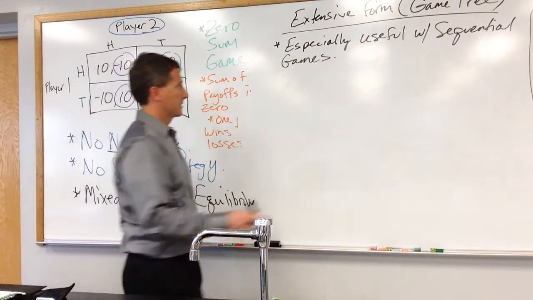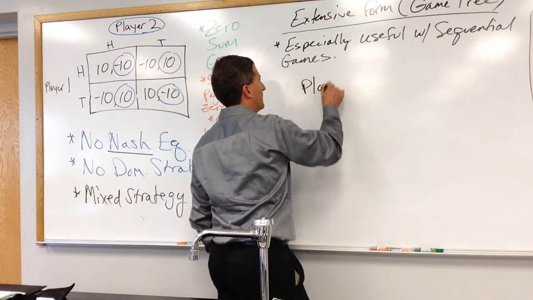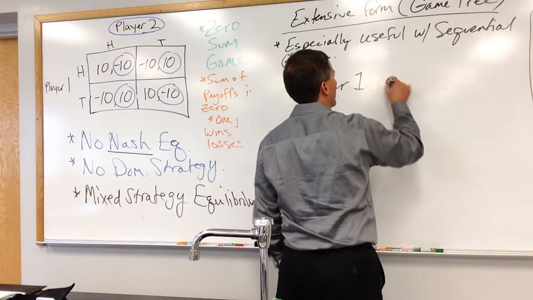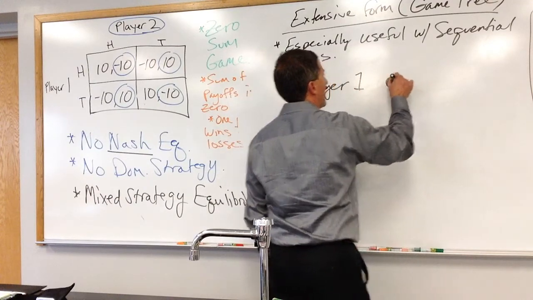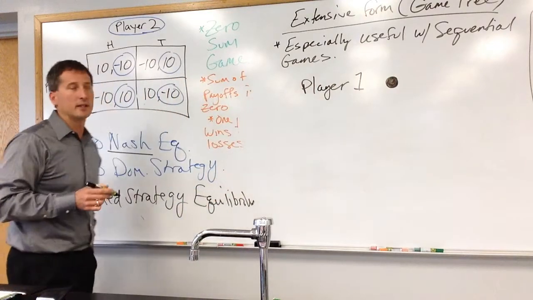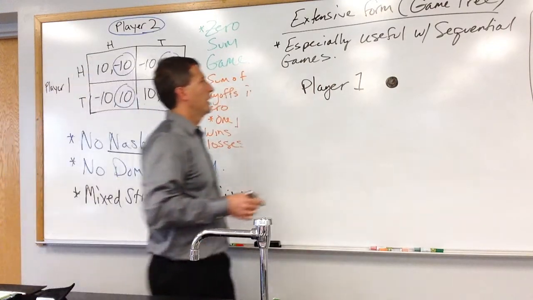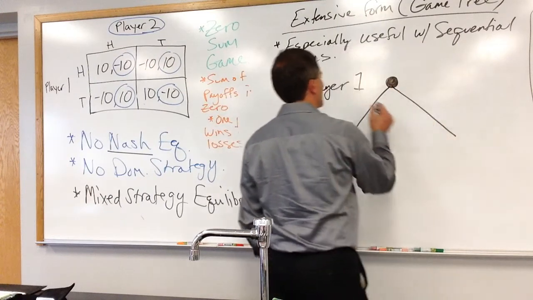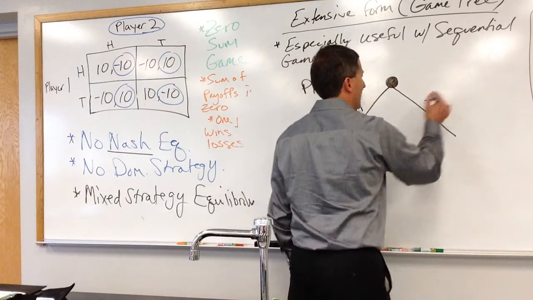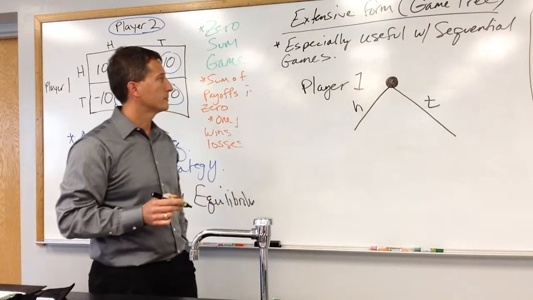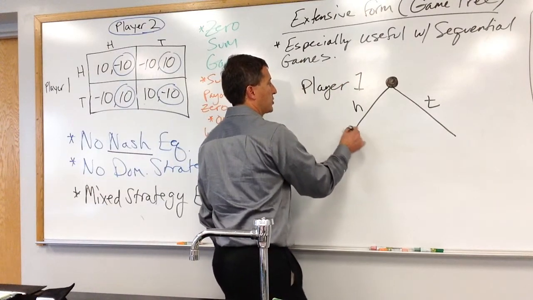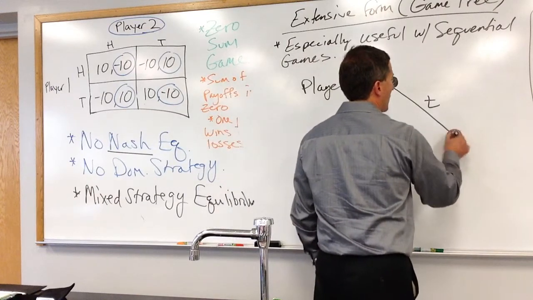And so it looks like this. Player 1, we're going to do this, you can do it sideways or upside down, it's kind of flexible that way. We're going to put a big fat ball there called a node. It's a decision node. And from this node, player 1 chooses heads or tails. That choice brings us to another node.